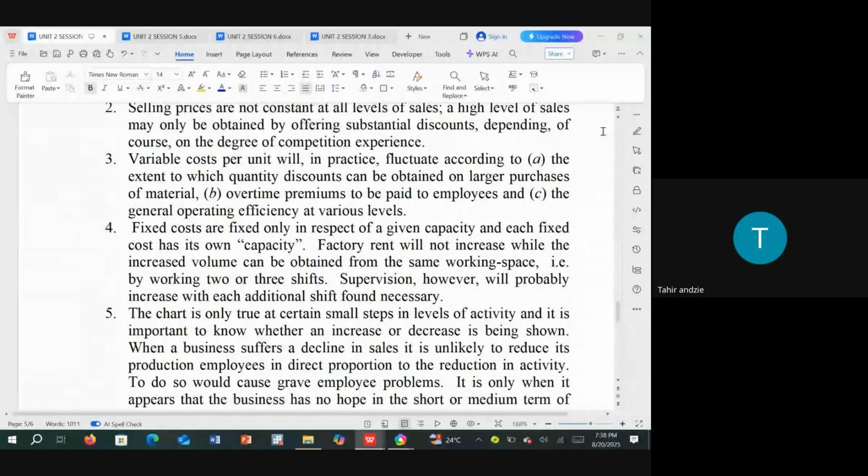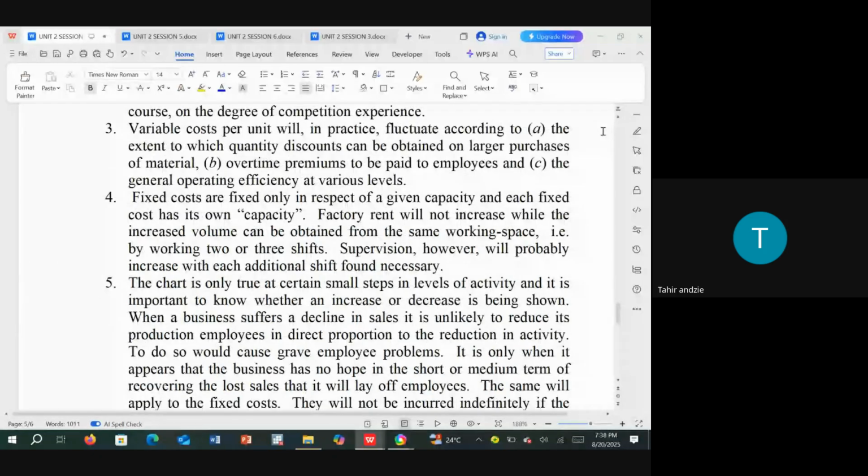To do so would cause grave employee problems. It is only when it appears that the business has no hope, in the short or medium term, of recovering the loss, that it will lay off employees.